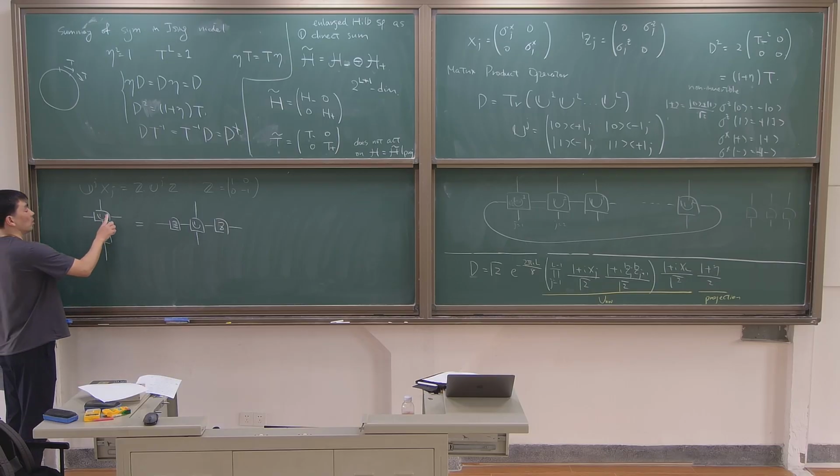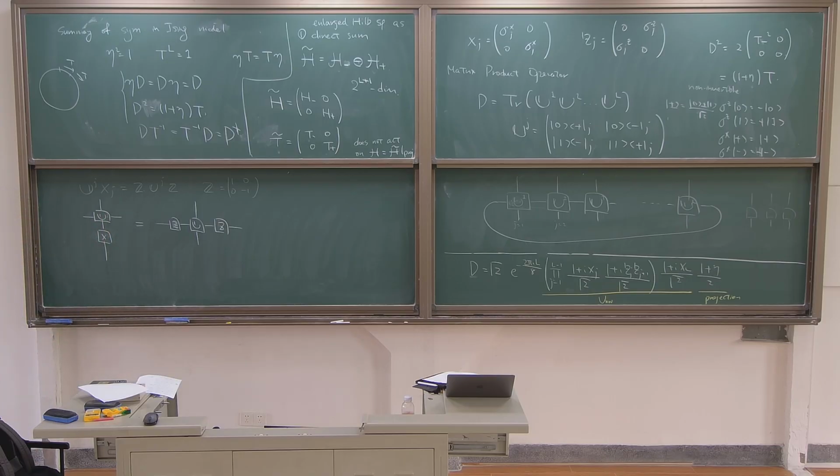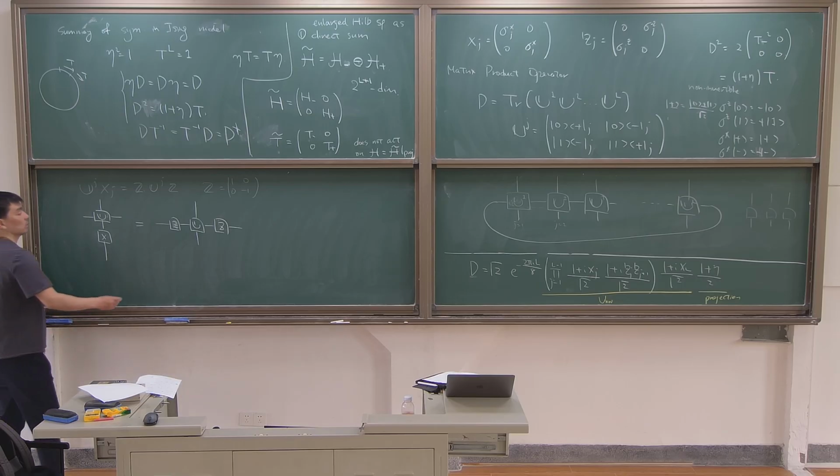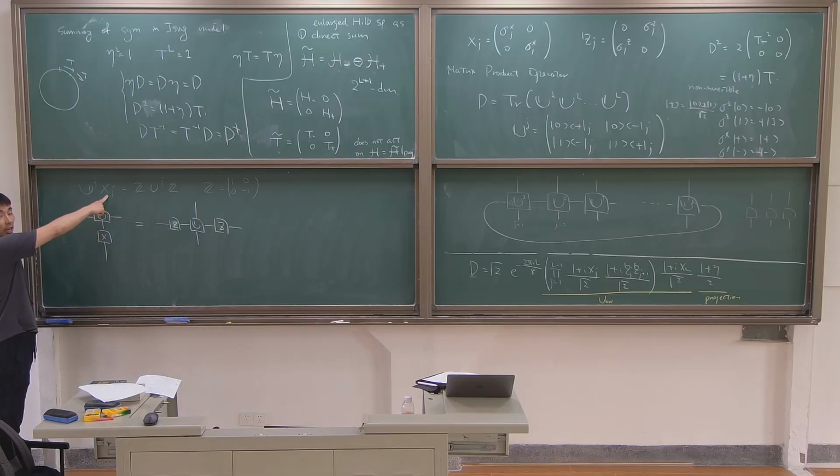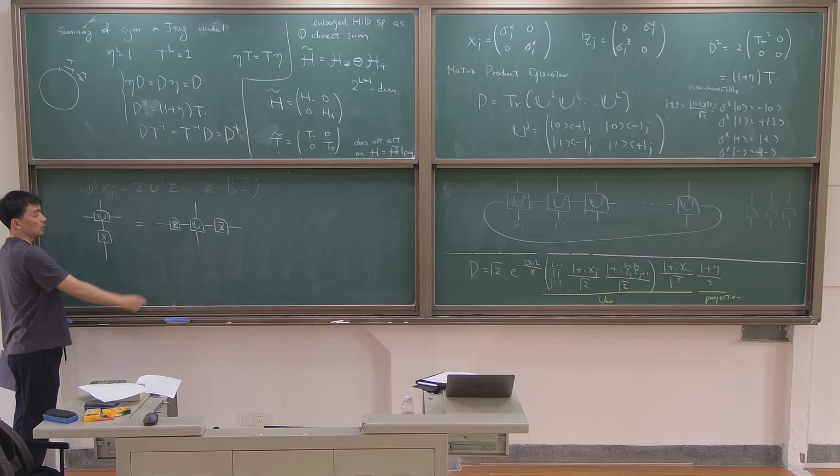So locally, you can write this down as a diagram. First you act with Xj on a site, and then next you apply the U. That's also something you can do. That is equal to this one.